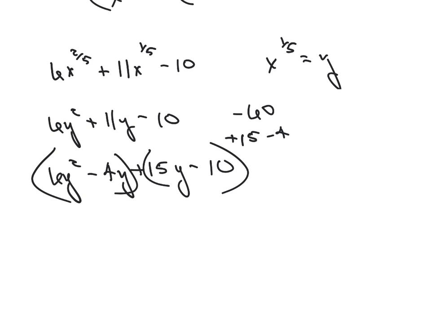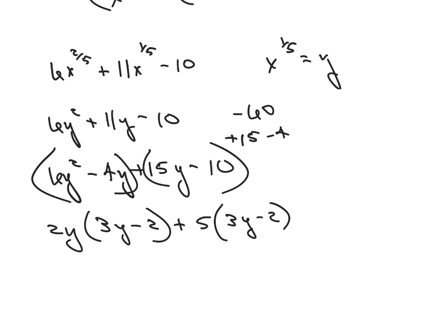Then we're going to group. We're going to pull a 2 and a y out and be left with 3y minus 2. And we're going to pull out a 5, and we're going to be left with 3y minus 2, which is 2y plus 5 times 3y minus 2.